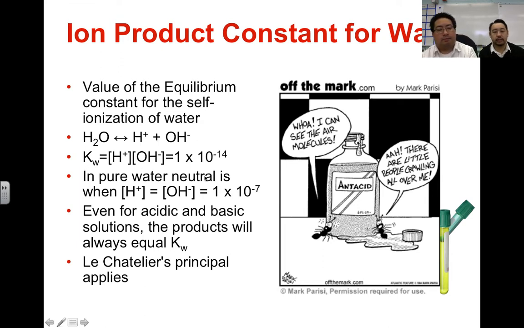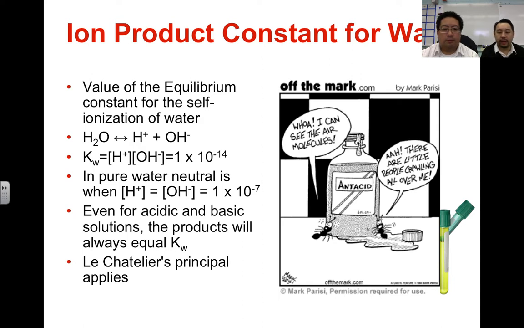And as a result, you get 1 times 10 to the negative 14 for your Kw, which is from the KEQ. And then when you find out what the concentrations are for your hydrogen and your hydroxide ions, it winds up being 1 times 10 to the negative 7. And that's where you guys will explain a little bit later about where the pH of 7 in neutral water comes from.